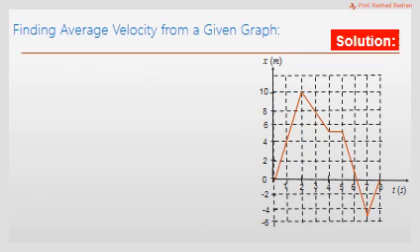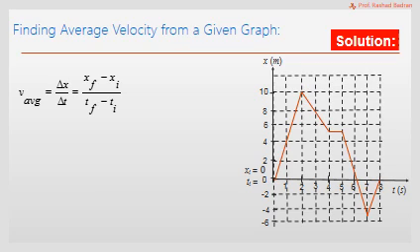For part B of the problem, it's required to find the average velocity from time t equals 0 to 4 seconds. To do that, we have to find the initial position, which is equal to 0, that corresponds to the initial time of 0. The final position is 5 meters, that corresponds to the t final 4 seconds.